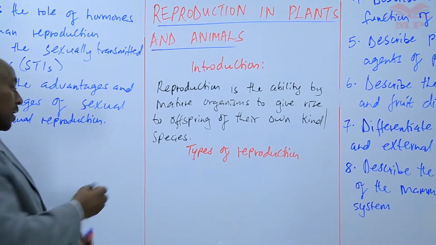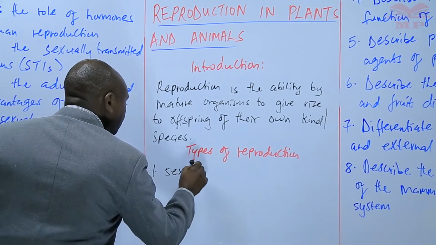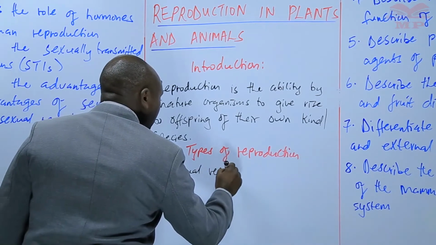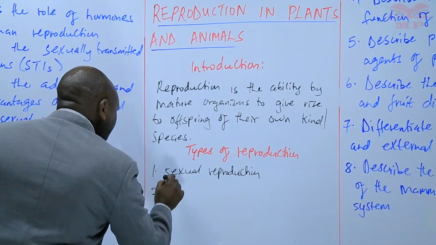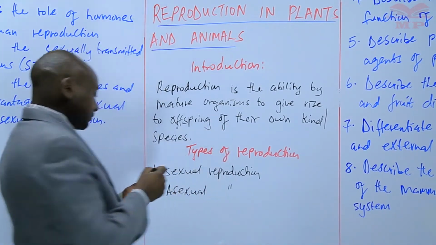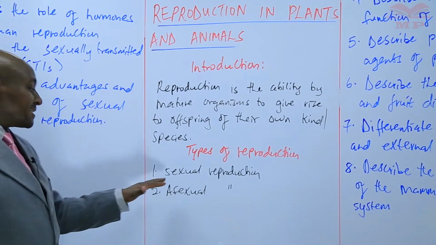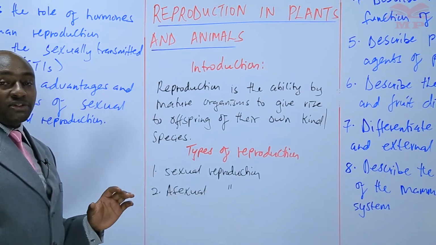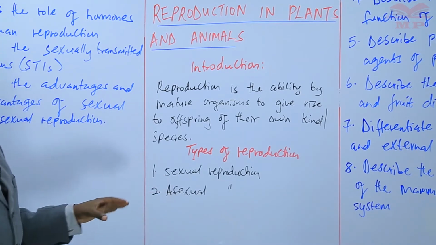There are two: there is sexual reproduction, and there is asexual reproduction. So we'll go through each one of them and discuss sexual reproduction, and then after that we shall discuss asexual reproduction.